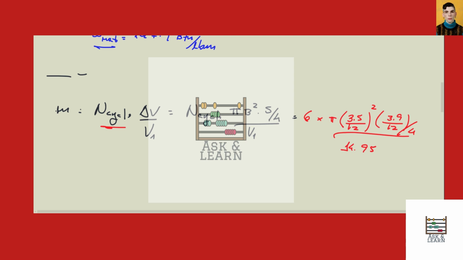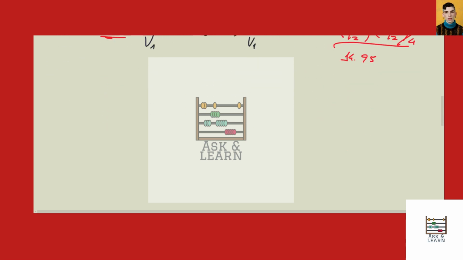Calculating this, we discover that the total mass taken by all 6 cylinders is 0.008716.